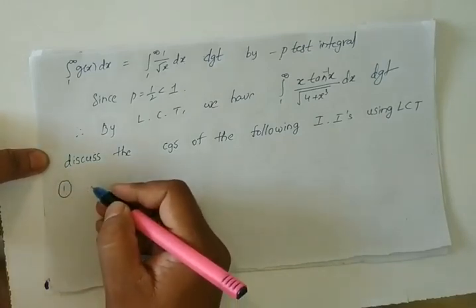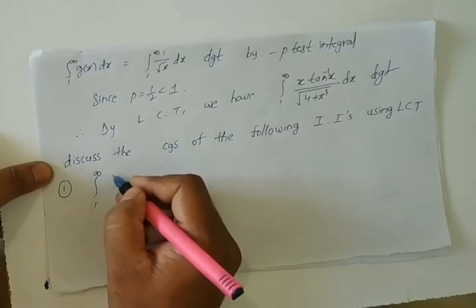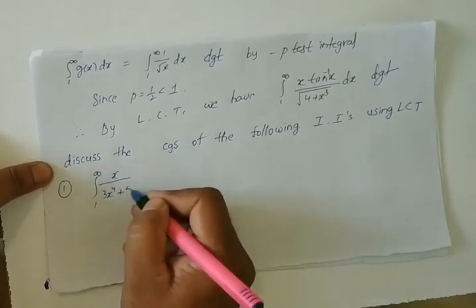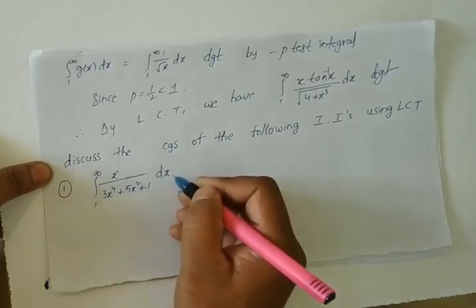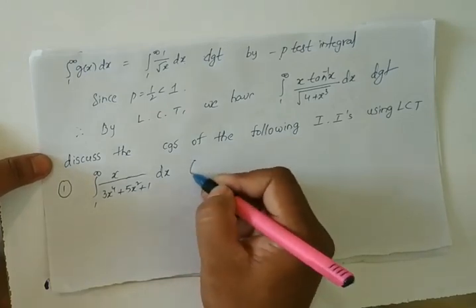First one, integral from 1 to infinity x by 3x power 4 plus 5x square plus 1 dx. This is convergent.